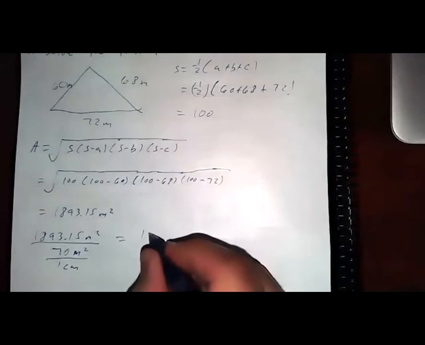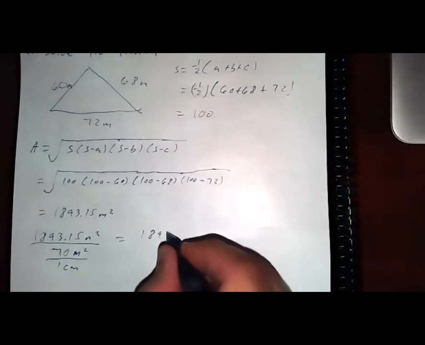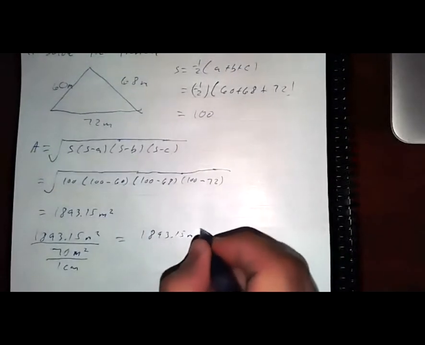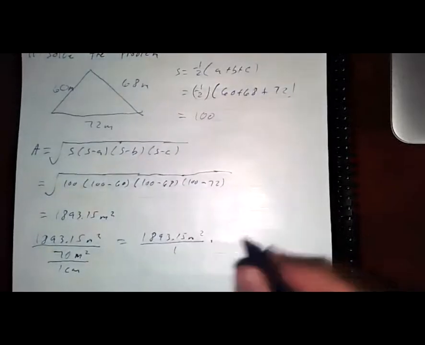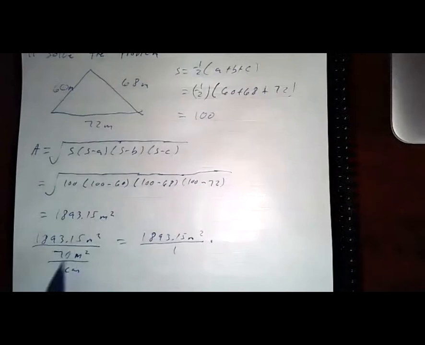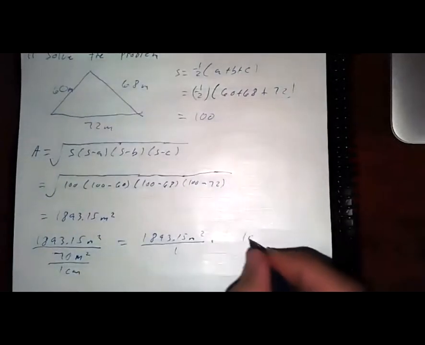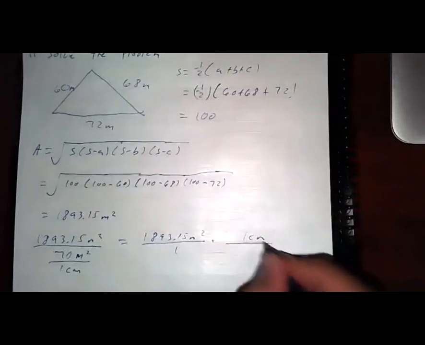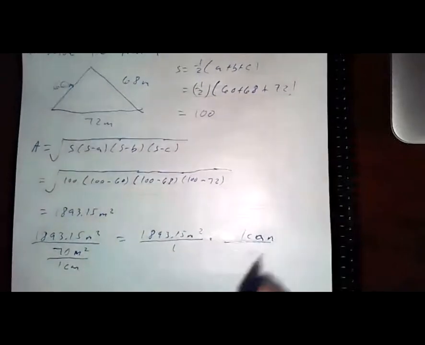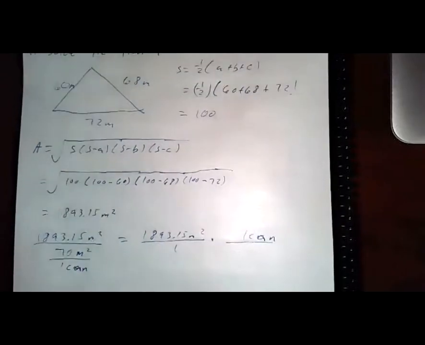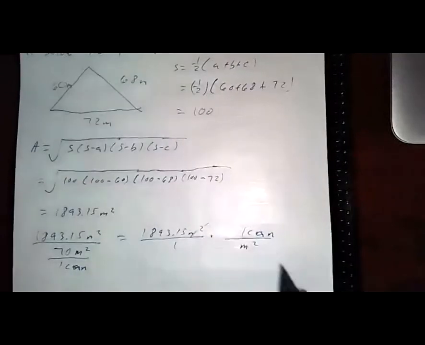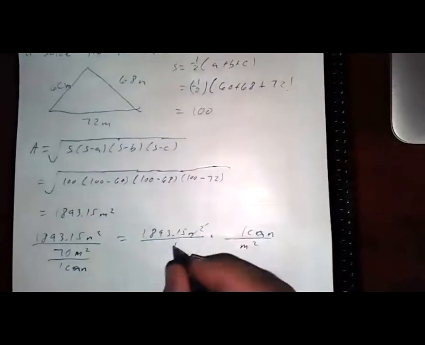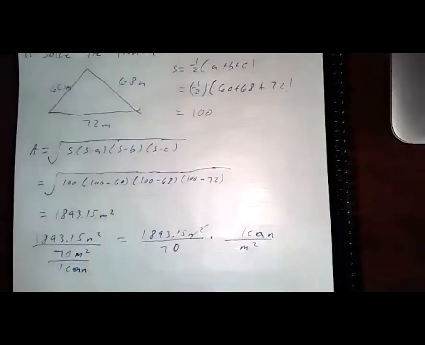You don't have to show this step, but just for fun, I want to show you something. If I were to divide by a fraction, that's the same as multiplying by the reciprocal, right? The meters squared cancel. 70 is over here.